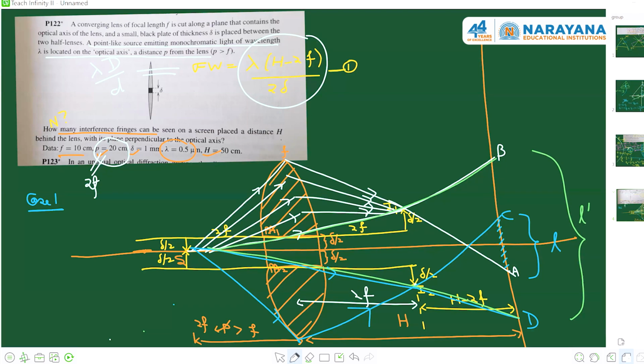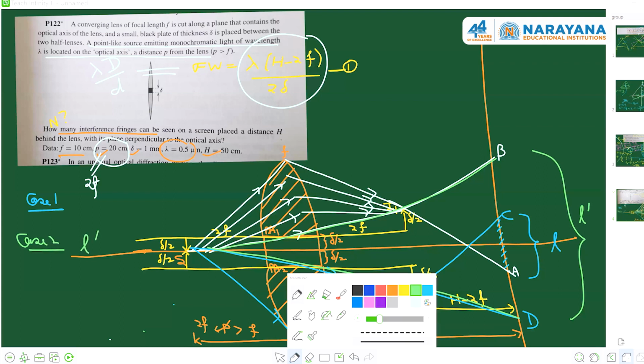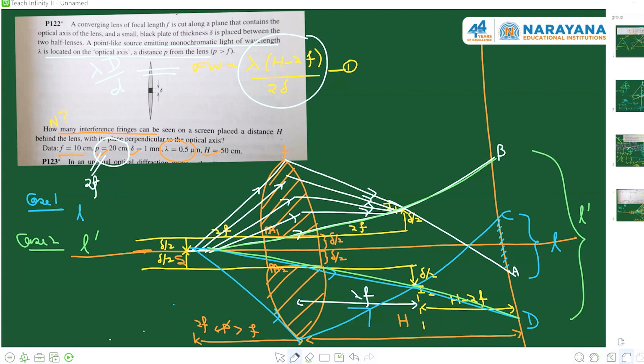And now I am interested in these two things. Somebody can say they are interested in L prime. Another student can say they are interested in that value L. First of all, we need to ensure which is the segment, and that depends upon the calculation. So now I have laid everything on the board. First thing is to do the calculation and see which segment you find interference to happen.